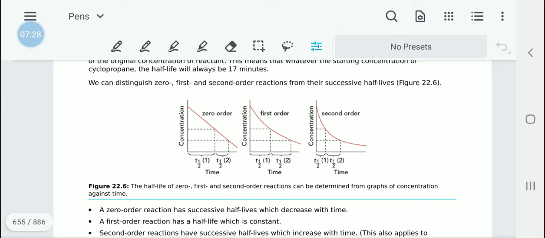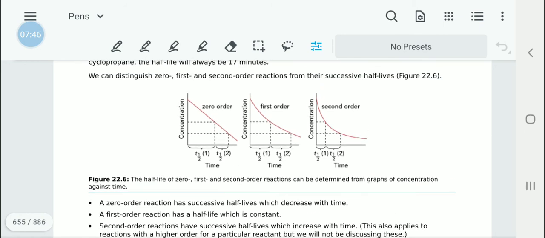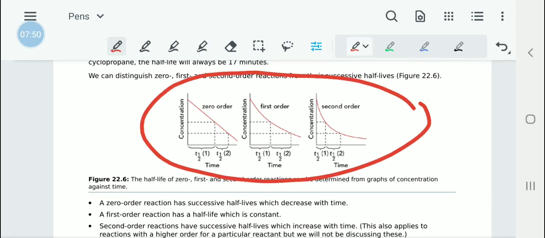If the successive half-lives decrease, it is a zero order reaction, and if the successive half-lives increase, then it is a second order reaction. Please draw these three graphs so that you would understand it better.